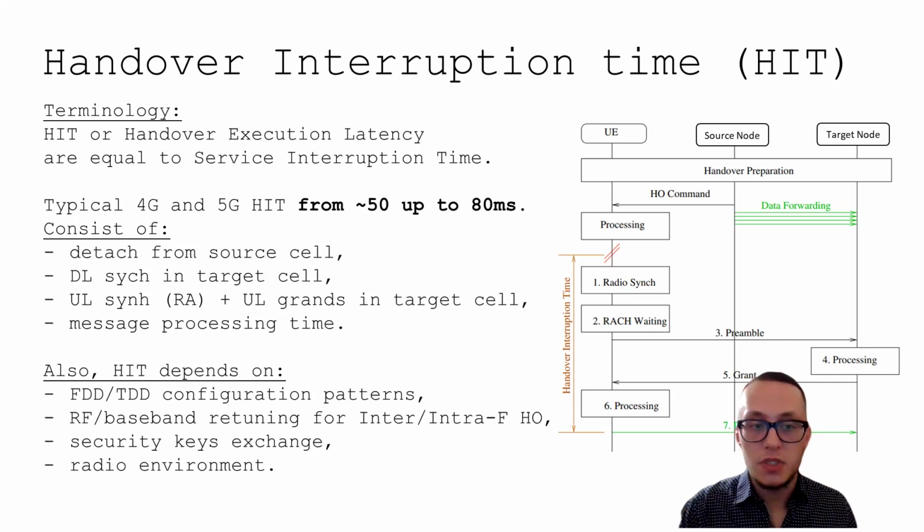Also, some security key exchange is involved, and of course radio conditions, at least for the uplink direction, because the random access preamble may not be received the first time. There may be a need for one more attempt at sending and receiving the random access preamble. So as you can see, it is pretty complicated to estimate pure handover interruption time.